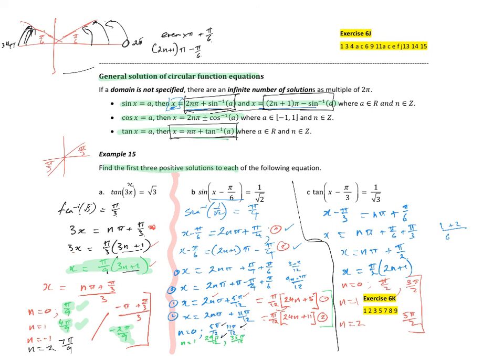If I consider cosine, angle is there, angle is there. So it's always an even number plus pi on 6, even number minus pi on 6, which is what we've got here.